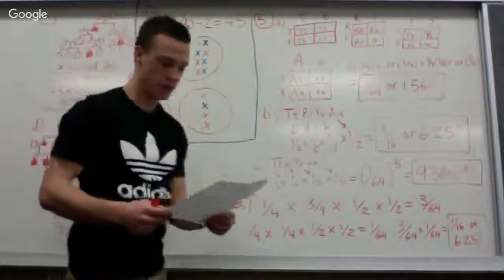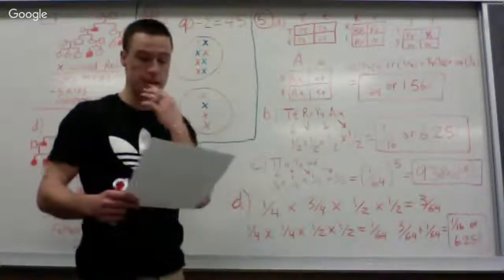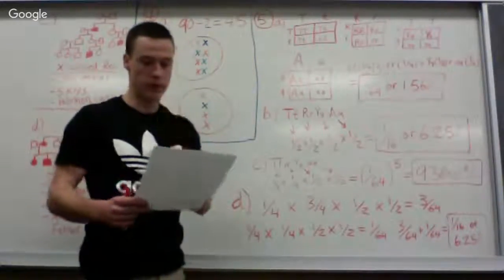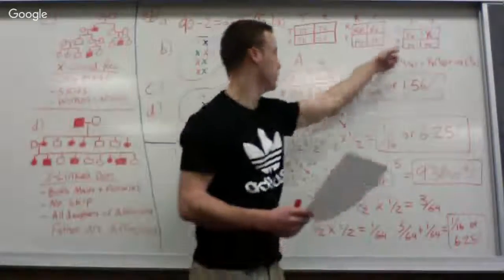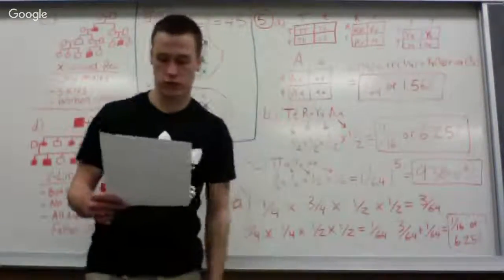Now number 5 is asking about a tetrahybrid cross. When it gave me the 2 parents, I went ahead and did a Punnett square for each of their alleles to get started on the problem.